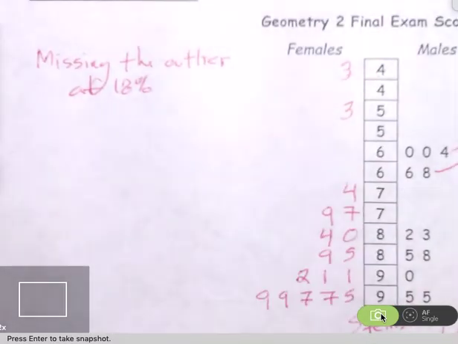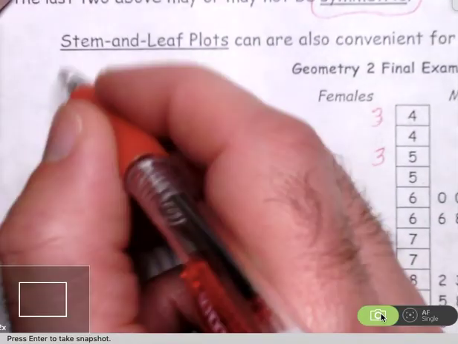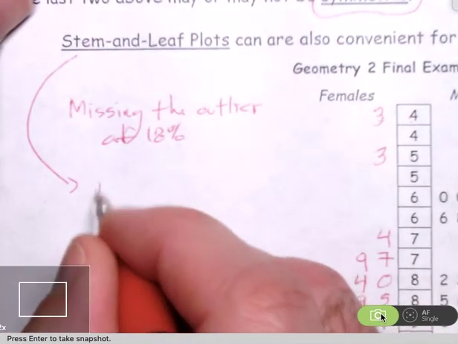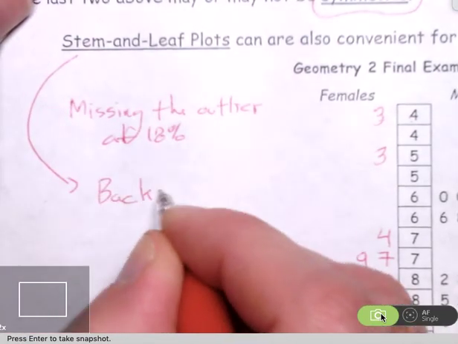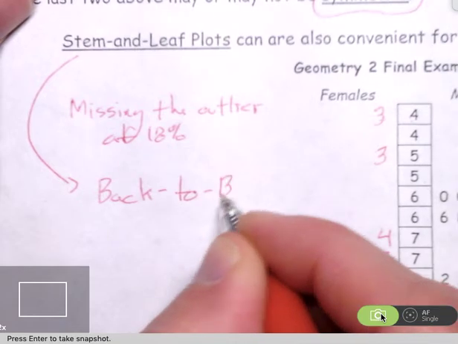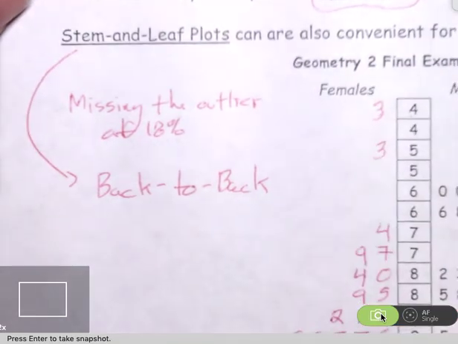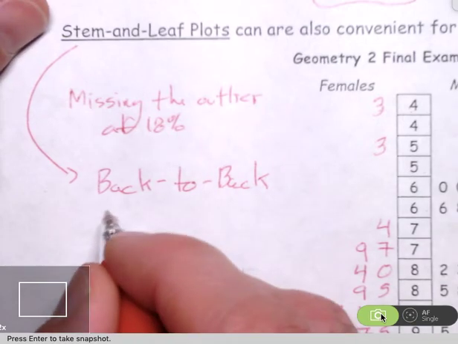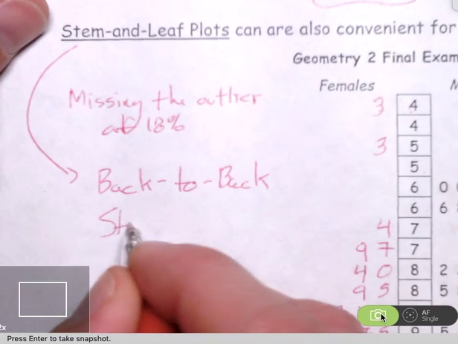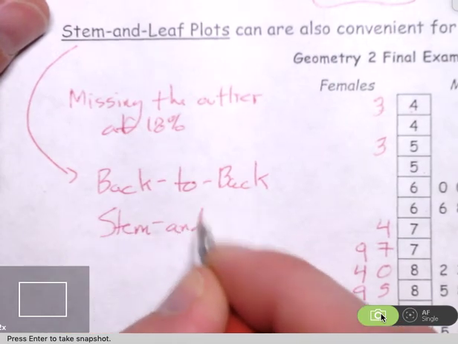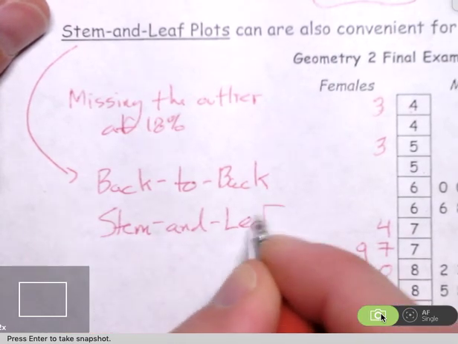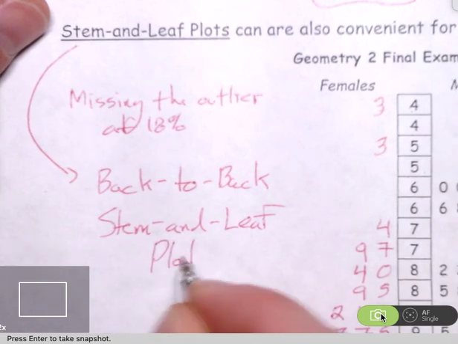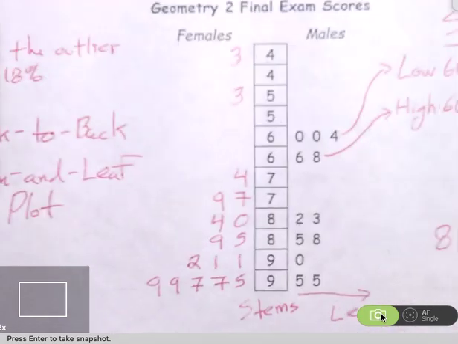Technically, this is a back-to-back stem and leaf plot. All that means is we are graphing two distributions that we want to compare back to back by using the same group of stems. It is graphed just like any other type of stem and leaf plot.